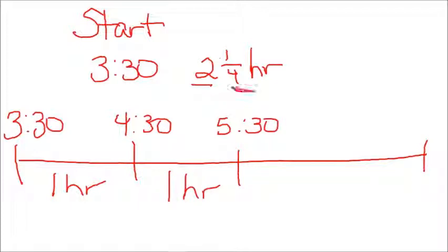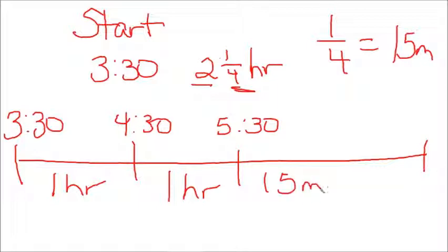And now I look at that 1/4 hour, and I remember that 1/4 equals 15 minutes. So that means I'm going to add 15 minutes, and that's going to make my end time 5:30 plus 15 minutes is 5:45. Okay, you see that? So I just added 15 minutes. Alright, let's try another one.